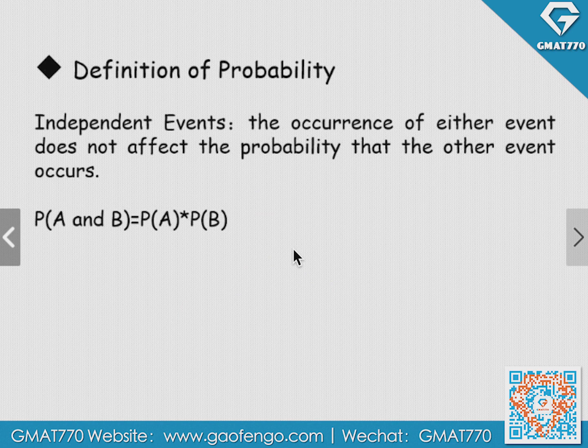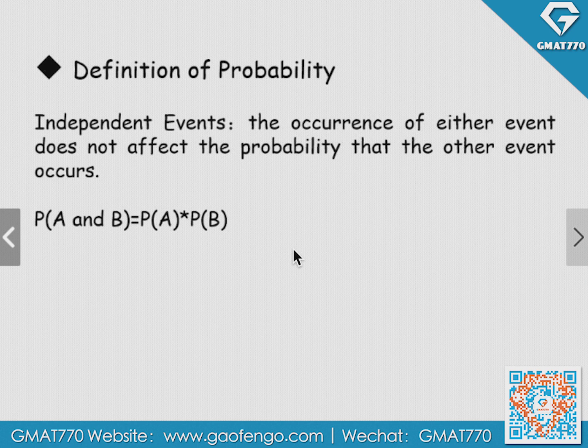Well, another special topic in probability is independent events. So what are independent events? If the occurrence of either event does not affect the probability that the other event occurs, these 2 events are independent events.